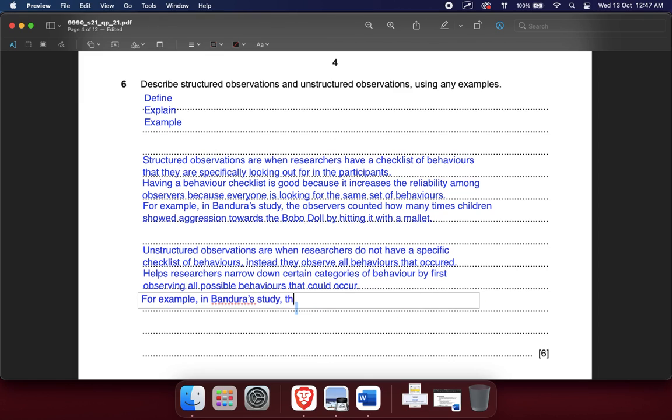In Bandura's study, the researcher did not have a specific word to record from the children's talking, but instead just recorded the comments they made.